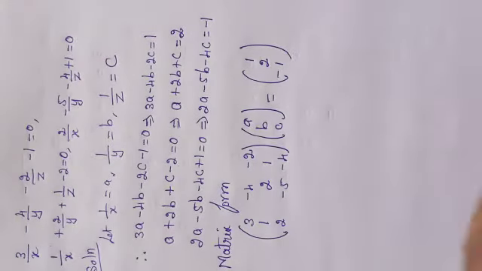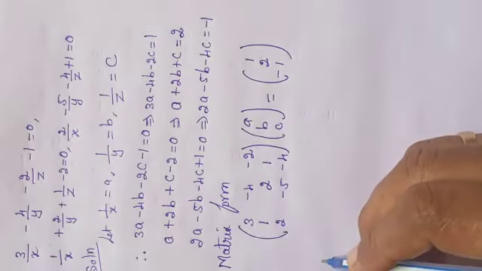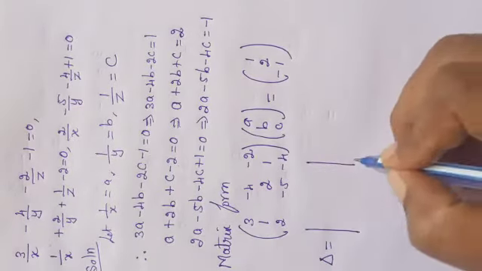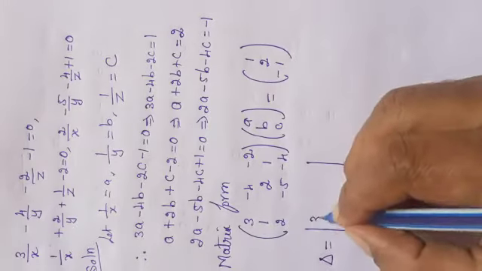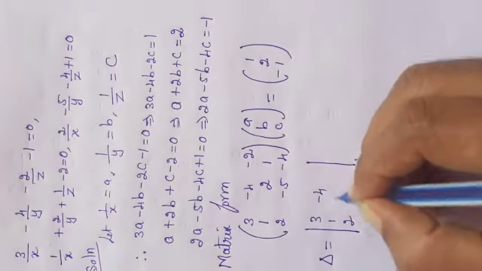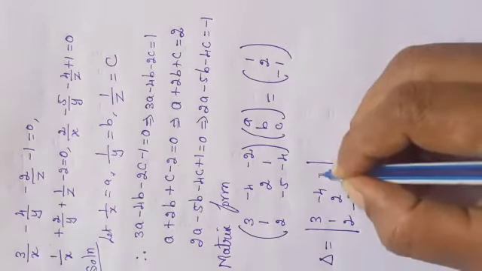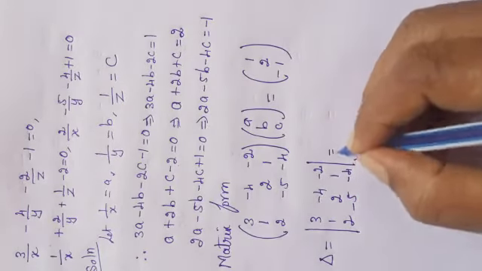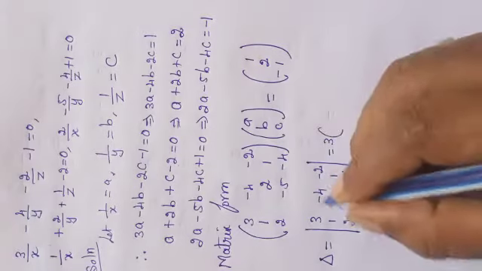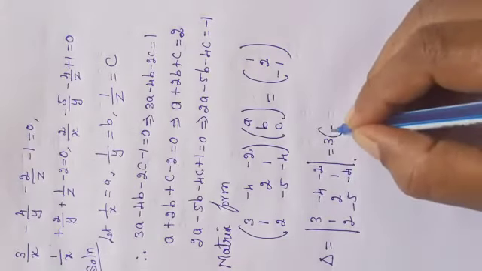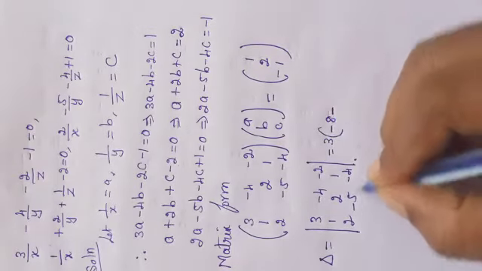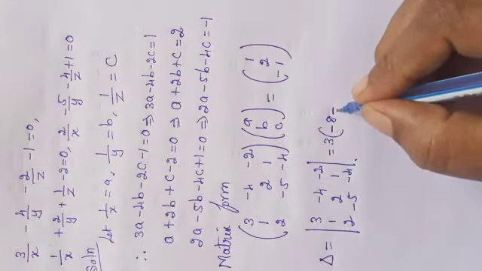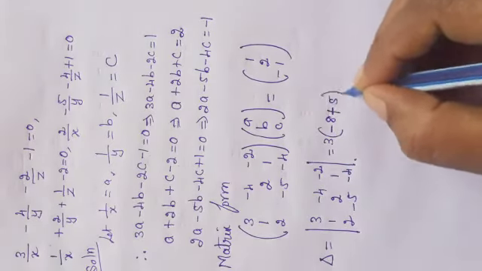For Cramer's rule, we have to find out delta value, isn't it? Delta, that's determinant of the coefficient matrix. 3, 1, 2, minus 4, 2, minus 5, minus 2, 1, minus 4. Shall we simplify? See, 3 into 2 into minus 4, minus 8, minus 1 into 5 is minus 5. Since we have a minus here, it will become plus 5.